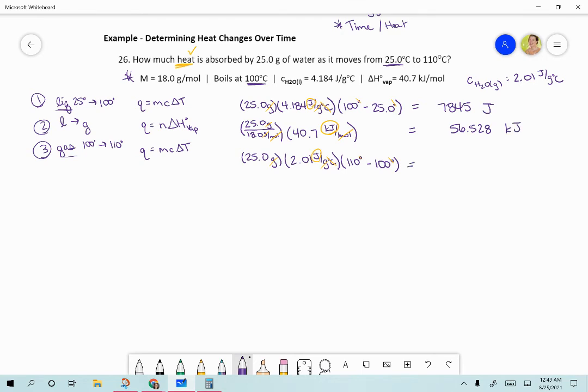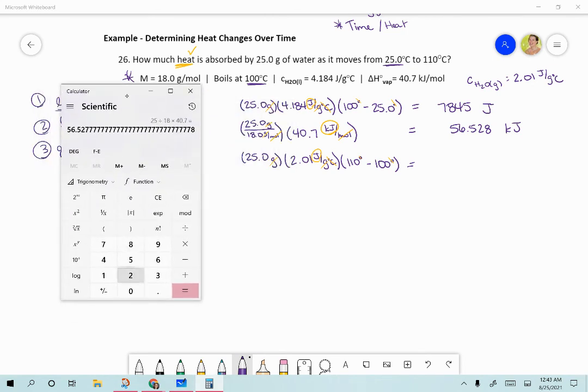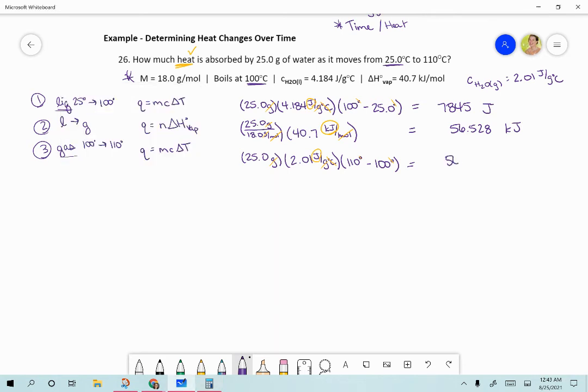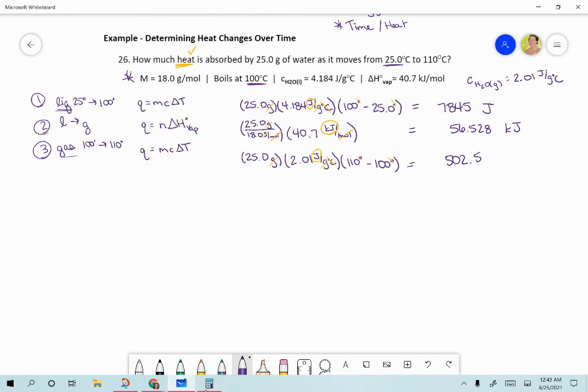And then finally, my third equation, I'm going to take 25 times 2.01 times, it's going to be 10, but let's just do it the whole way so you can see these parentheses and practice on your own. And then for this one, we get 502.5 joules.